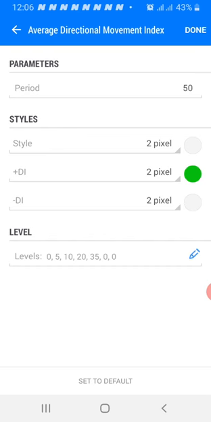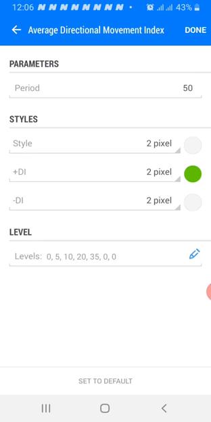The plus DI is also 2 pixel, and you choose the color of your choice, but I'm using green. Then the minus DI is also 2 pixel. It should be the color of your screen, just like my MT5 is white, so I'm using white. Same goes for the style. The plus DI should use another color different from the color of your screen.